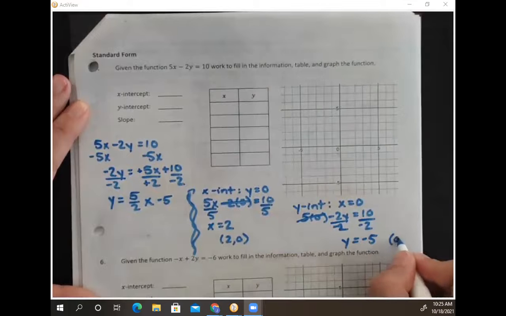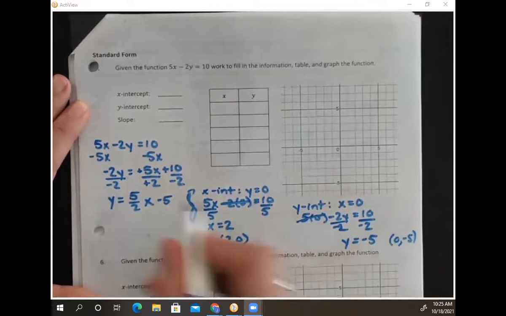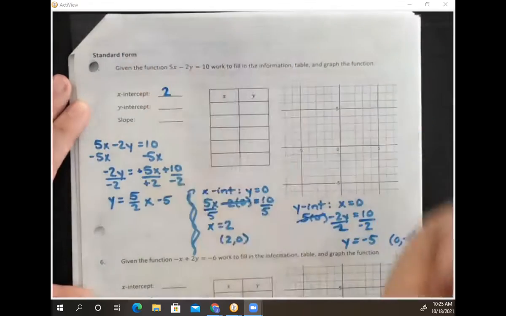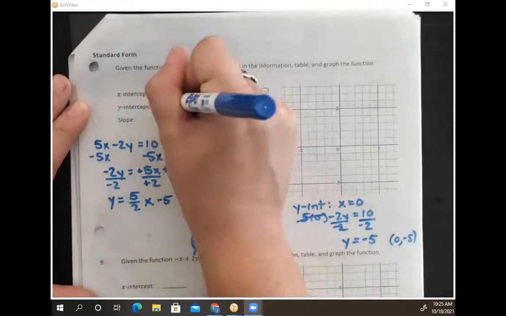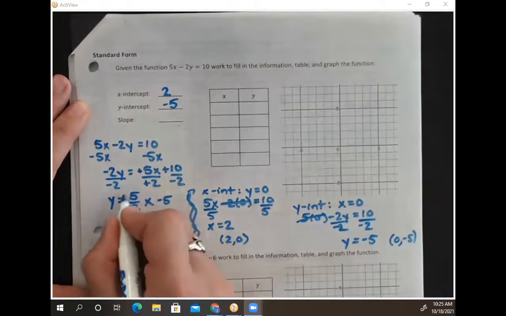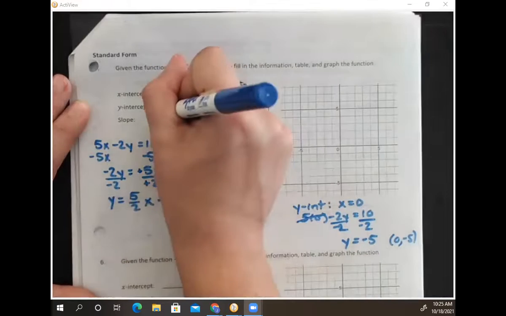So I have the point 0 comma negative 5 on my graph. Notice that this matches my y-intercept from slope-intercept form. So my x-intercept is 2, my y-intercept is negative 5, and my slope, which I can get from slope-intercept form, is 5 over 2.